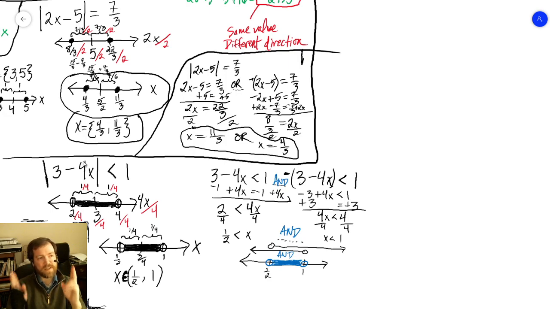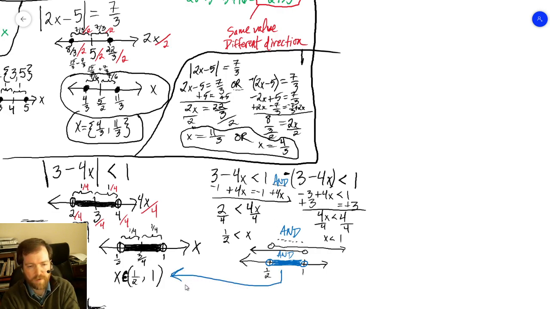So if distance is less than a certain value, then our target value in the middle is going to end up having all of its acceptable solutions close to it. So it has to be within these values. In this particular case, this one is, again, the open bracket at 1/2 to 1 open bracket again. So all acceptable values are within this interval.